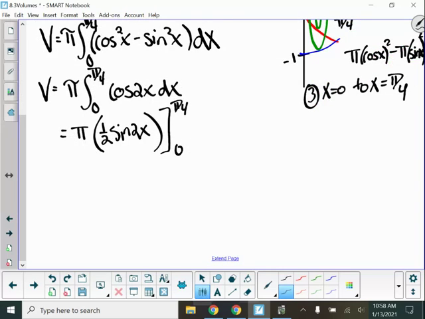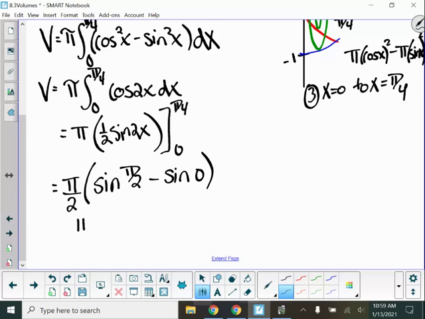I'm going to extend this, give myself some more space. I am going to still keep that pi on the outside and deal with it at the end. And actually, I'm going to pull out the 1/2 as well. So this is going to become a pi over 2. And so I have the sine of 2 times pi over 4, which becomes pi over 2, minus the sine of 0.